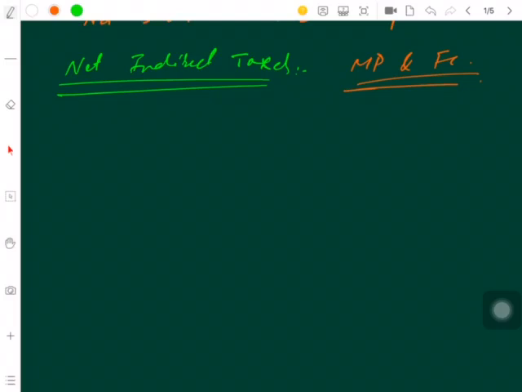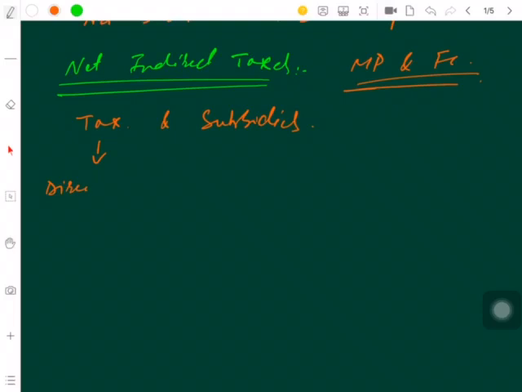So net indirect tax is a difference between taxes and subsidies. Let us define these two words. Taxes are levied by the government on different activities. Basically or mainly, the taxes are of two types.